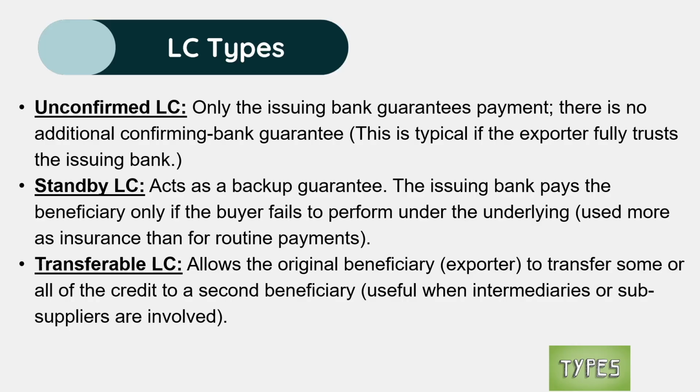The next type we see is the standby letter of credit. It acts as a backup guarantee. The issuing bank pays the beneficiary only if the buyer fails to perform under the underlying contract. So in this case, the bank's role starts when the buyer fails to make the payment.